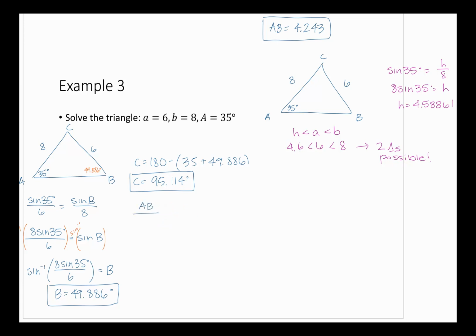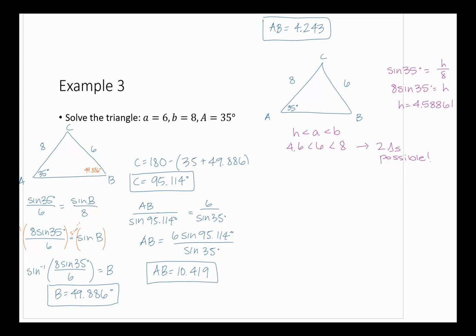So AB over the sine of 95.114 is equal to 6 over the sine of 35. And so I'm just going to solve this. And so I find out that AB must be equal to 10.419.